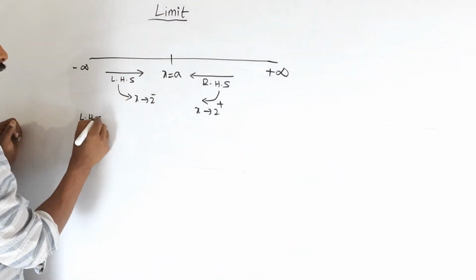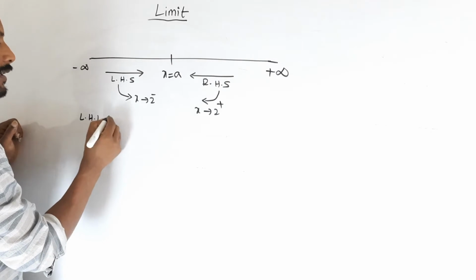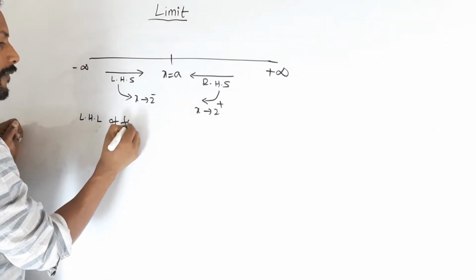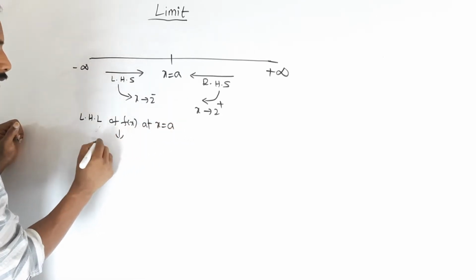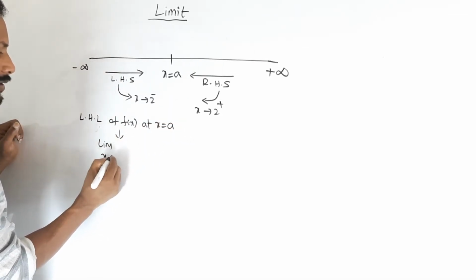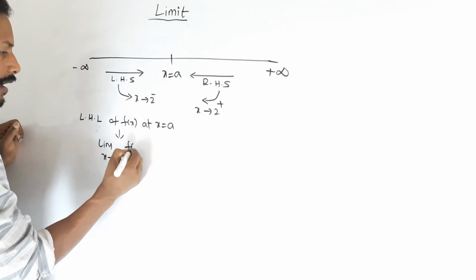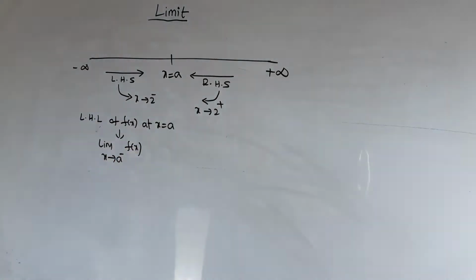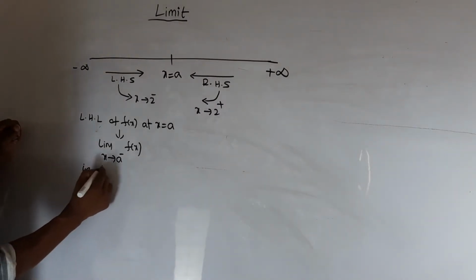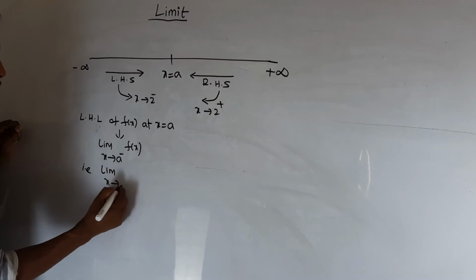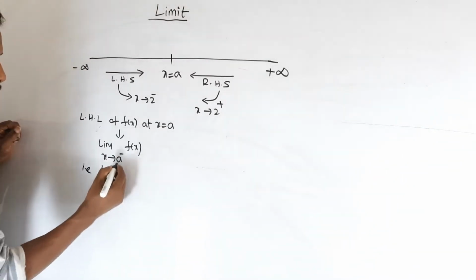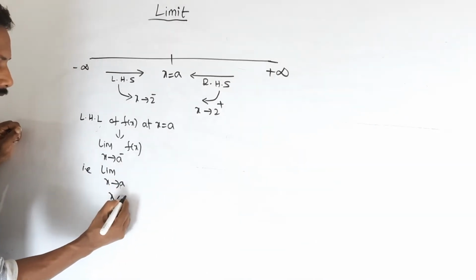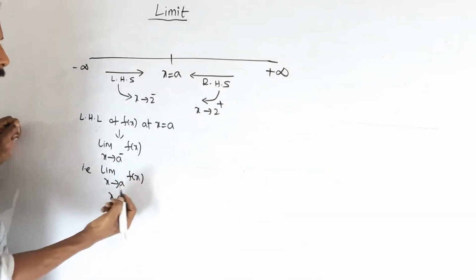Left hand limit of f of x at x equal to a: limit x tends to a minus of f of x. That is, limit x tends to a, where x is less than a, of f of x.